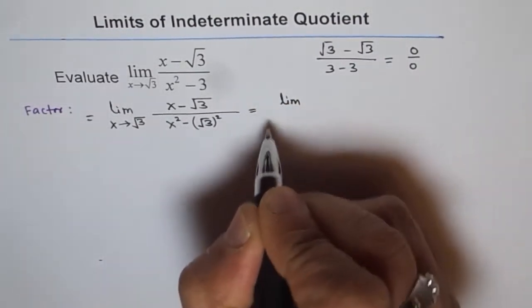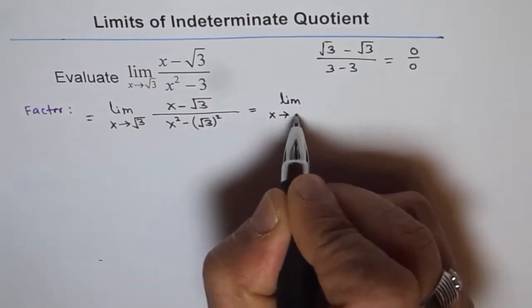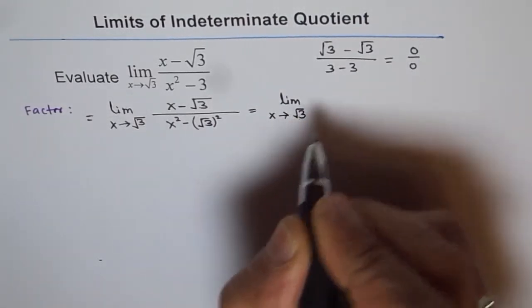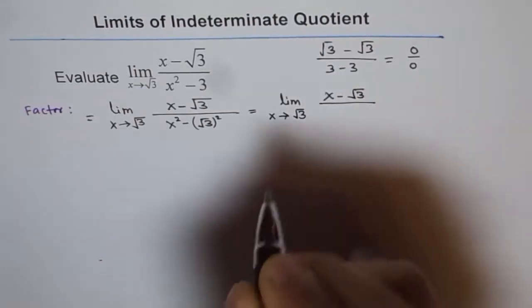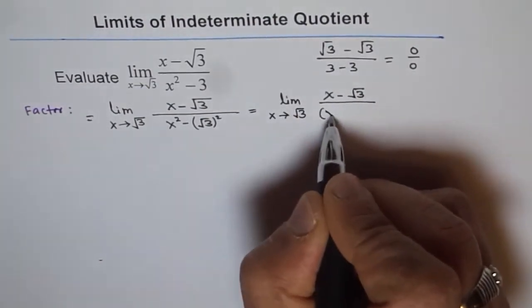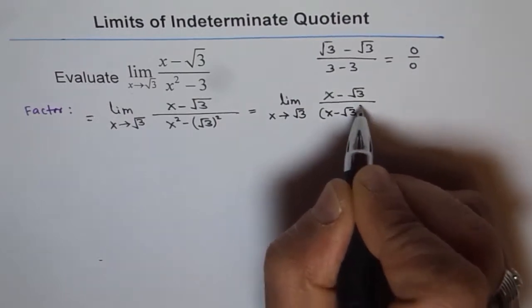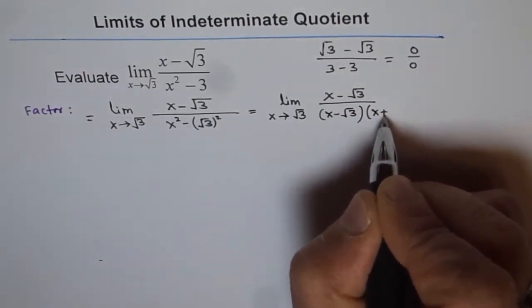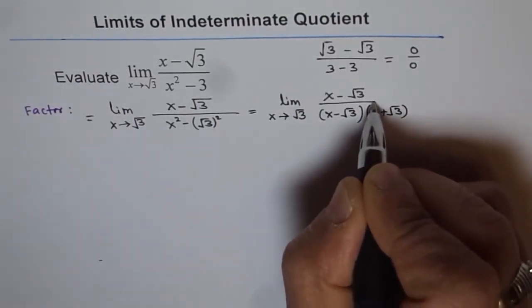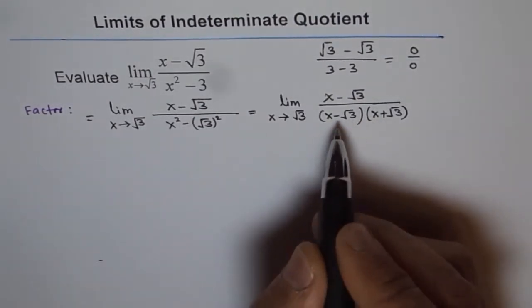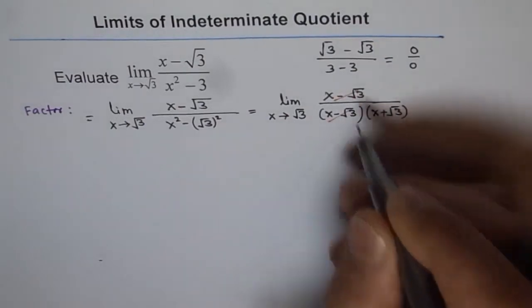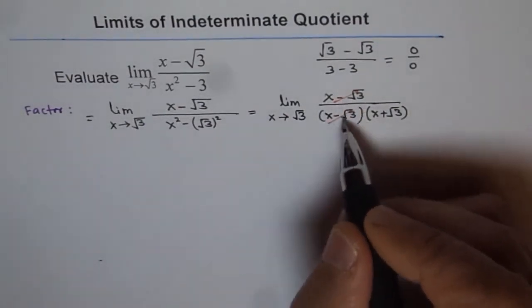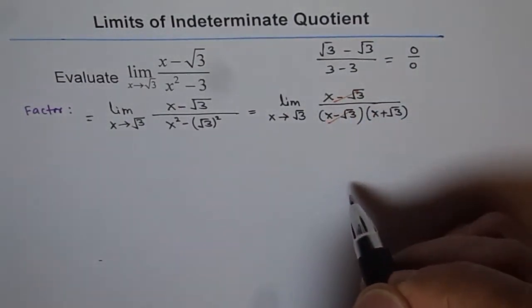We get x minus square root 3 in the numerator, and in the denominator x minus square root 3 times x plus square root 3, correct? And now x minus square root 3 is a common factor in numerator and denominator, and that was the reason for getting 0 over 0.